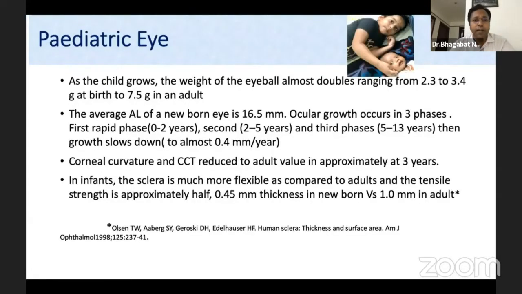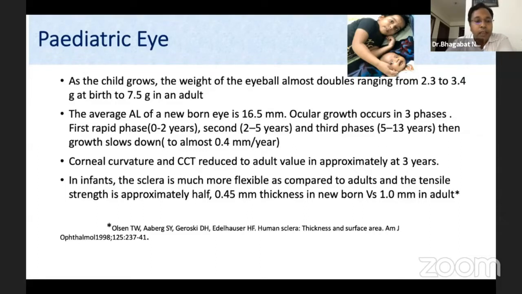As for the pediatric eye and child growth, the weight of the eyeball doubles from 3 to 7.5 grams in the adult, and the average axial length is 16.5 mm in a newborn eye, increasing to around 22 to 24.5 mm after approximately 13 years. The growth has a rapid phase from 0 to 2 years, a second phase from 2 to 5 years, and a third phase from 5 to 13 years.